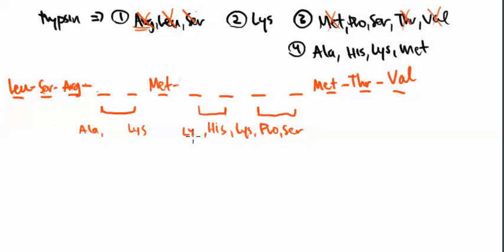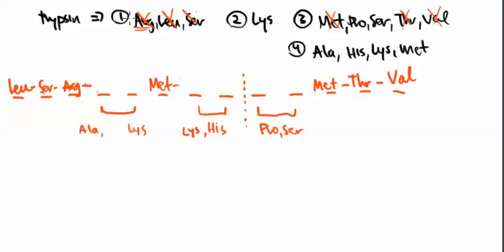And that also means that lysine and histidine have to go in one of these two spots. Okay, so let me just separate that out a little bit more. So now I've narrowed my choices down again. Well, the nice thing about fragment number 3 is that I know that proline and serine have to go at either one of these locations. But that means that this is a fragment.